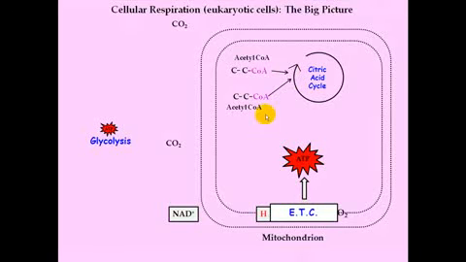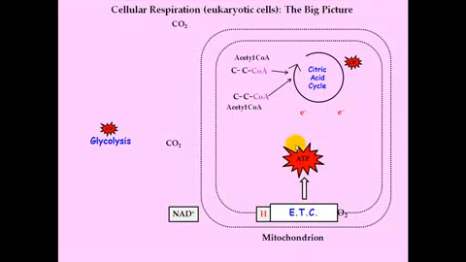It turns out that during the citric acid cycle, a little bit of ATP molecules are made, but maybe more importantly, high energy electrons are squeezed out of these acetyl-CoA molecules. And again, these are electrons that can be delivered to the electron transport chain where a whole mess of ATPs can be made.